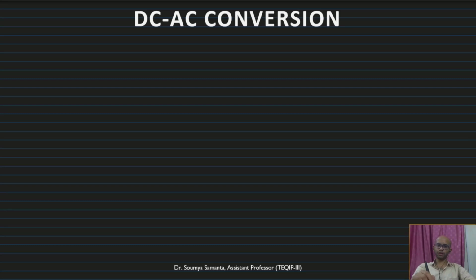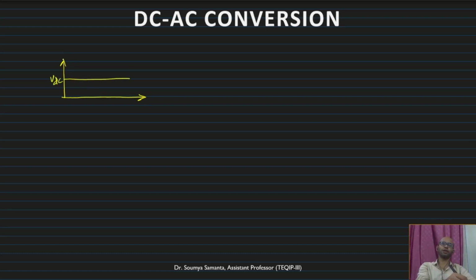DC to AC conversion. What is available to us is DC. Let us consider this is a fixed DC voltage with VDC being the voltage available to us. Let us draw it.